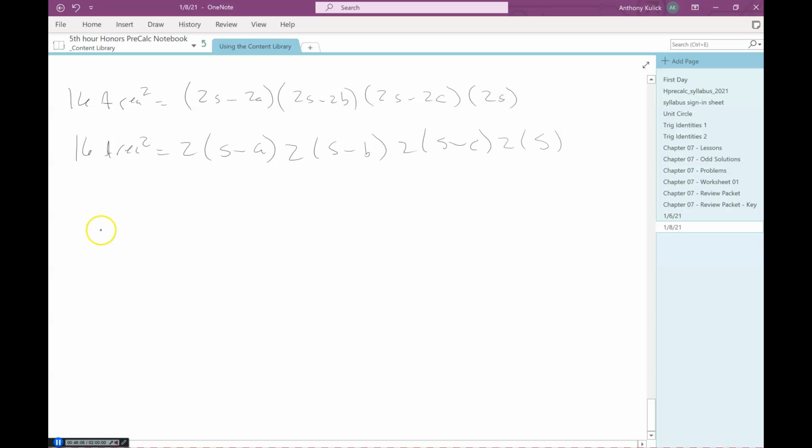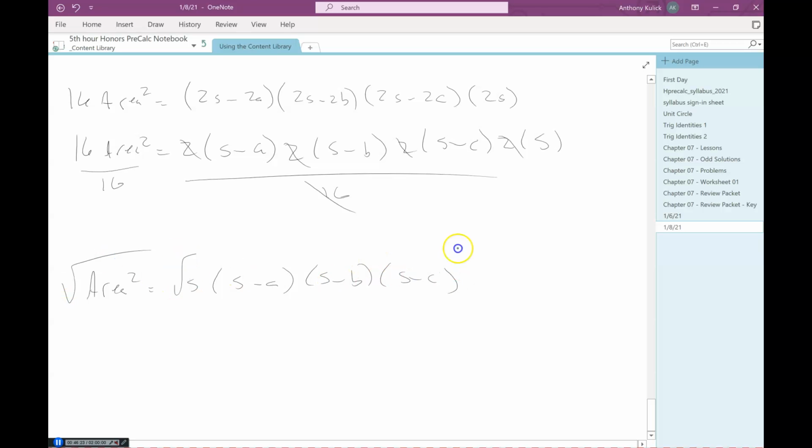So if I divide both sides by 16, 16 is 2 to the 4, so it'll cancel out all of those 2's. And then we just square root both sides. And because we're talking about an area, we can just drop the plus or minus.